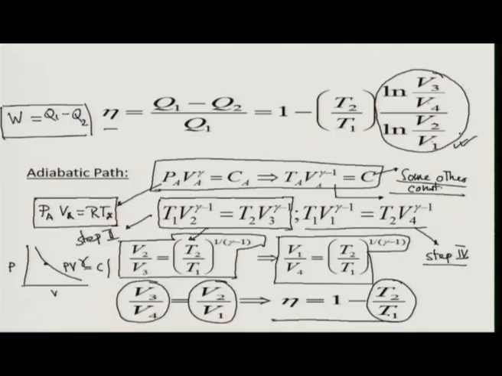Now, the question comes, it is always less than 1. Why? If you want it to be equal to 1, you must have T2 equal to 0, but you know absolute 0 cannot be reached.